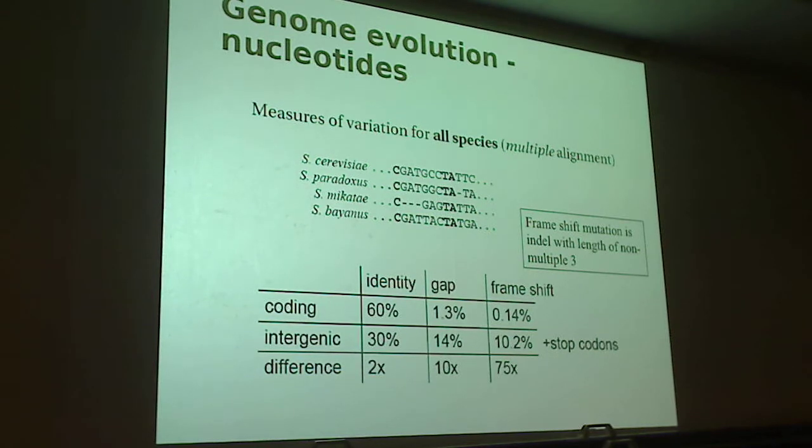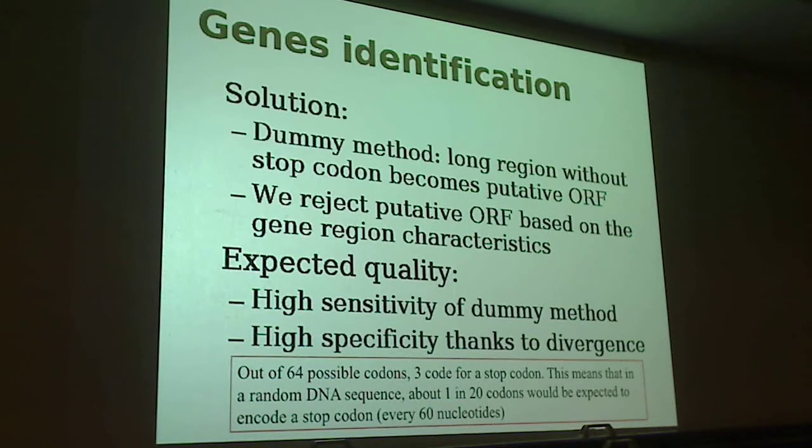A lot is known, also at the time of the paper, 2001 I think it is. So could they refine the knowledge body that was there at that time. And so they started thinking, can we find a dummy method, a sort of very simple method to find open reading frames, likely gene regions?